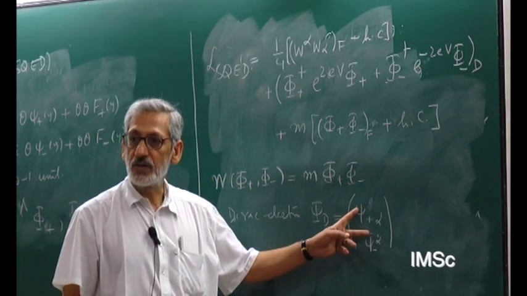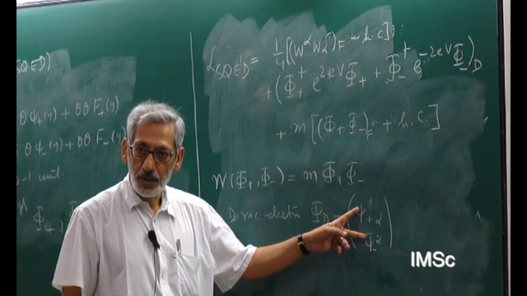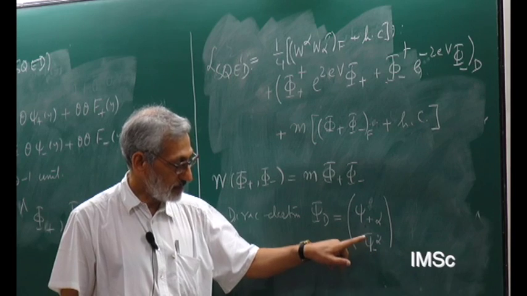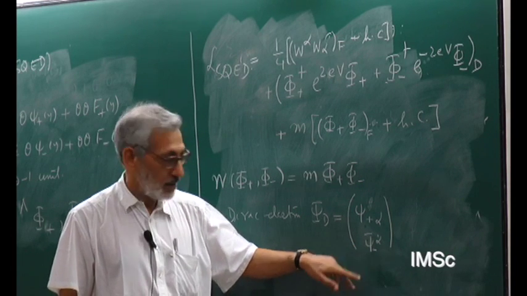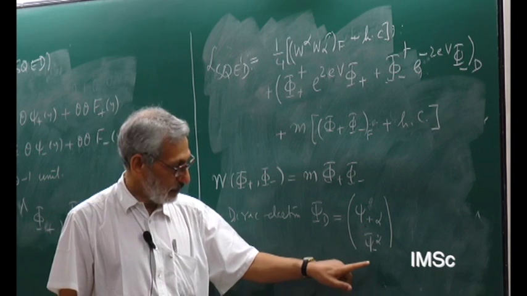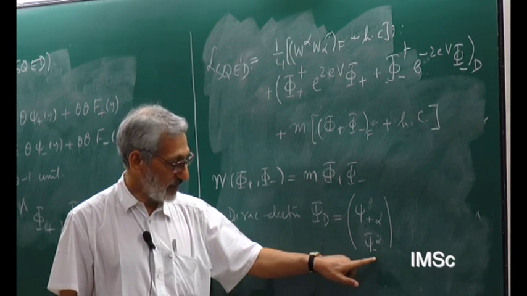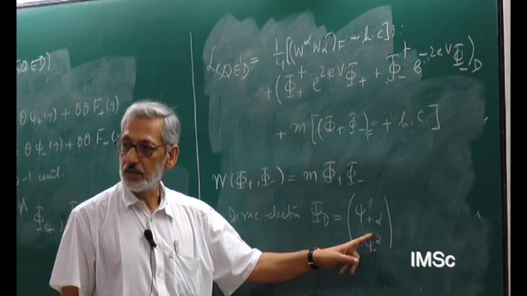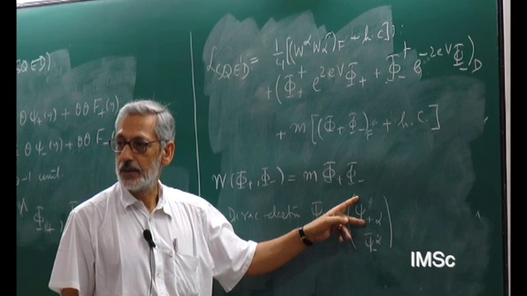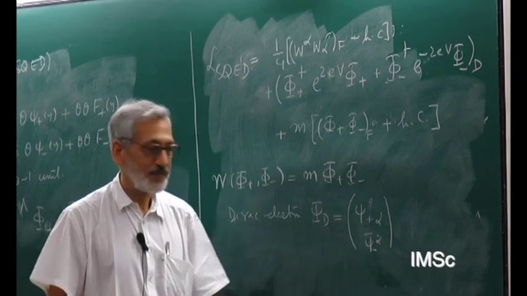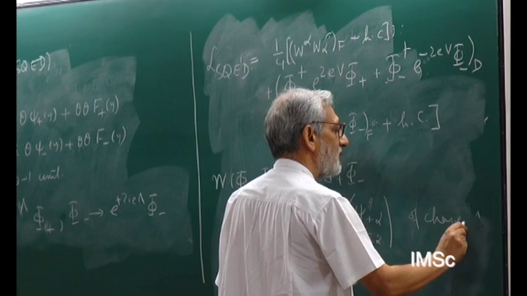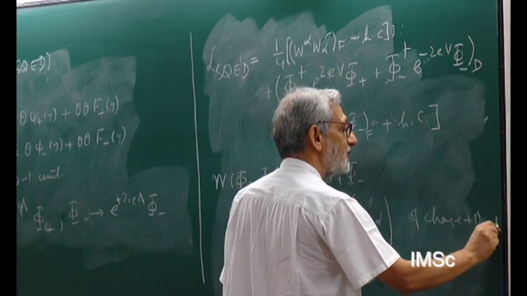The four components of the electron field are psi plus's upper two components and psi minus bar. The charge of psi plus is plus 1, psi minus is minus 1, but psi minus bar is plus 1. So both these components have electrical charge plus 1 unit.